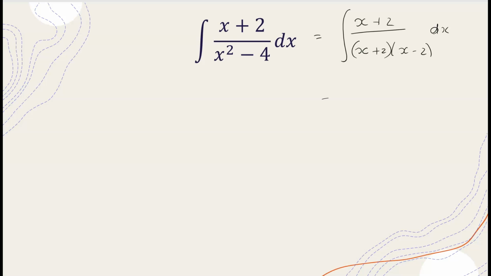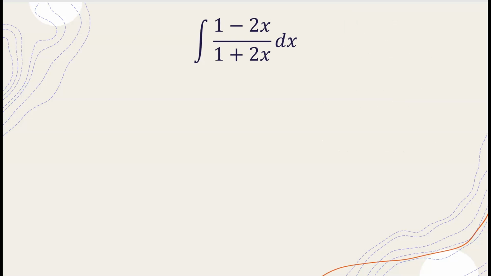And even before we've integrated, we can simplify, and now we've got the integral of 1 over x minus 2, and that is the natural log of x minus 2 plus c. So there we had to do a little bit of sneaky simplification first.